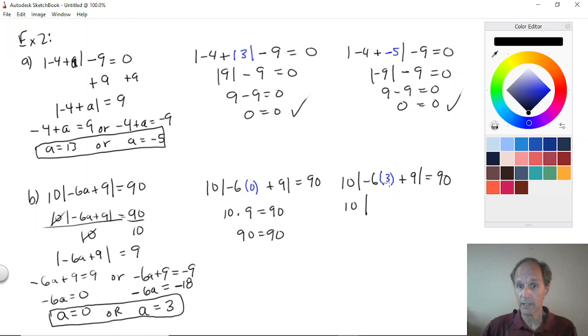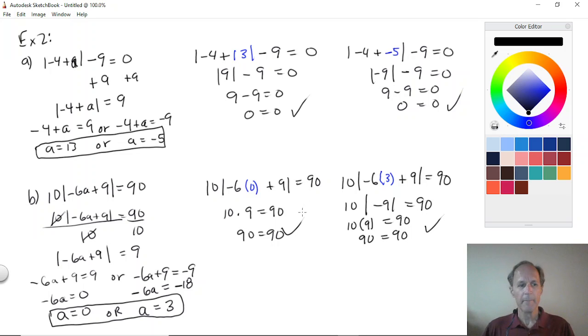Negative 6 times 3 is negative 18, plus 9 is negative 9. So you get 10 times the absolute value of negative 9. That, of course, is 10 times 9, right? Because the absolute value of negative 9 is 9. We are asserting that should equal 90, and when we multiply that out, we see that it does. So both of these solutions check.